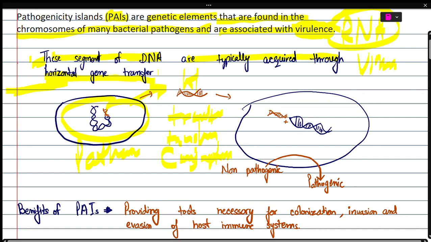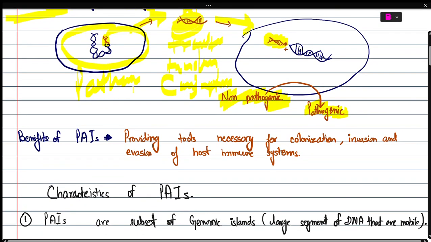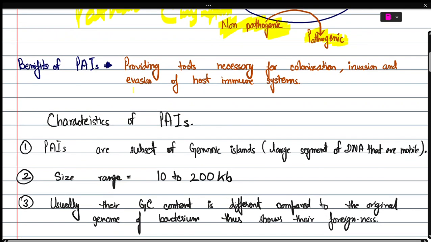So these three are basically horizontal gene transfer methods. So this gene which came from the pathogenic bacteria will go and enter into a non-pathogenic bacteria or simply some other bacteria, and this will convert this non-pathogenic bacteria into a pathogenic bacteria by increasing its virulence. So that is the basic mechanism behind the pathogenicity island, or PAIs.